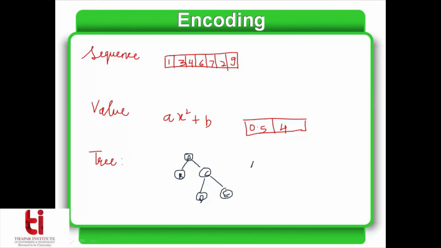My chromosome can be represented as A, B, C, D and E. So that is my tree encoding. It is a kind of data structure. I may have further any branch which may be coming out of E, which may be used further. The number of branches of the tree is going to decide the length of my chromosome.